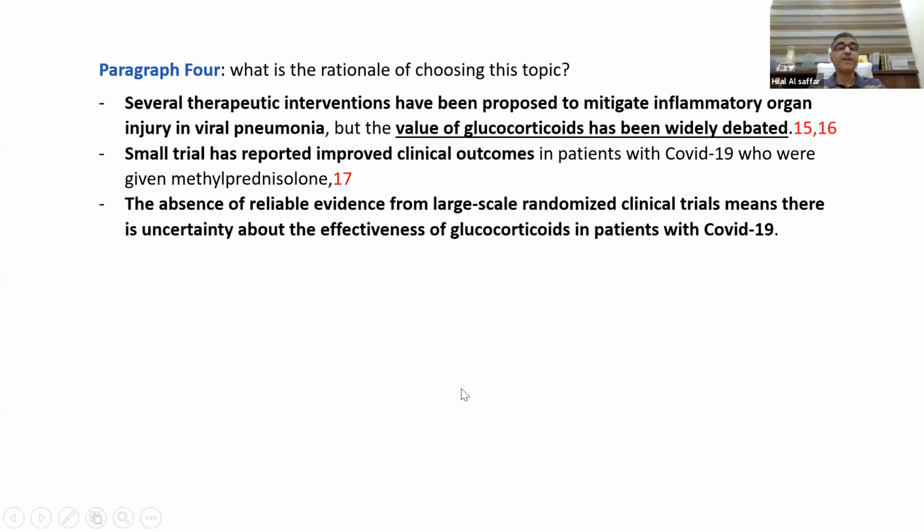The fourth paragraph is a very important paragraph because it shows the reader why doing this research is important.